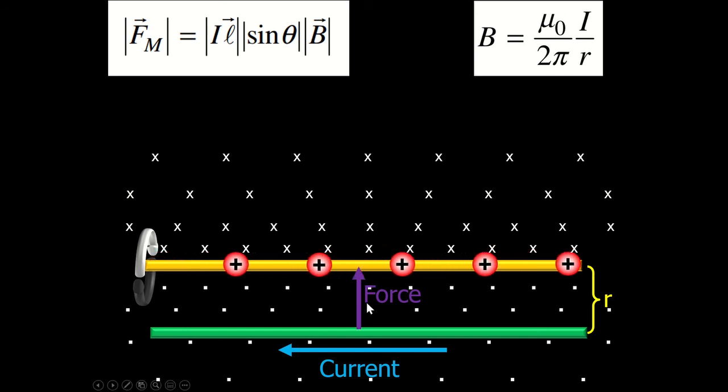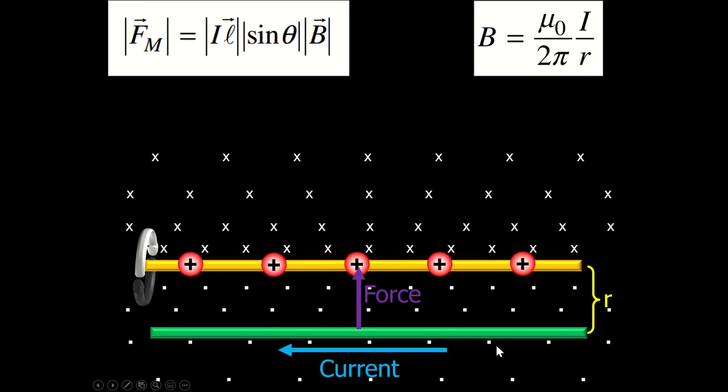That was just predicting the direction of the force. I wonder if we could calculate the magnitude of that force. Well, if I knew how much current was running through that wire, and I knew the length of that wire, and I made sure that it was at a 90-degree angle, so the component of sine gives us that, and then I had to know the strength of the field.